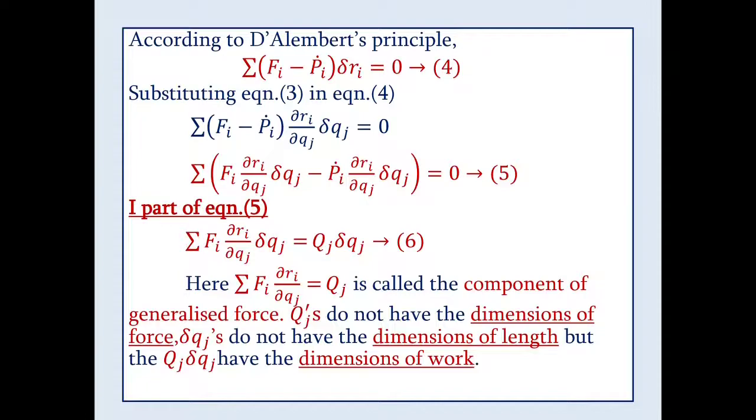By observing this capital Qj, we conclude that the capital Qj's, though they are components of generalized force, do not have the dimensions of force. In the same way, the delta Qj's, though they look like a length or a distance, do not have the dimensions of length, but their product, capital Qj into delta Qj, has the dimensions of work. So we have explained the first part of equation 5.